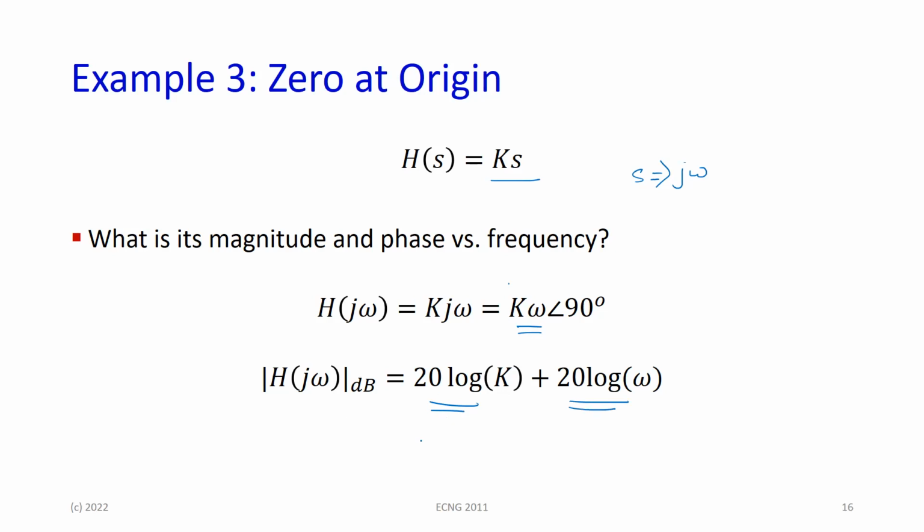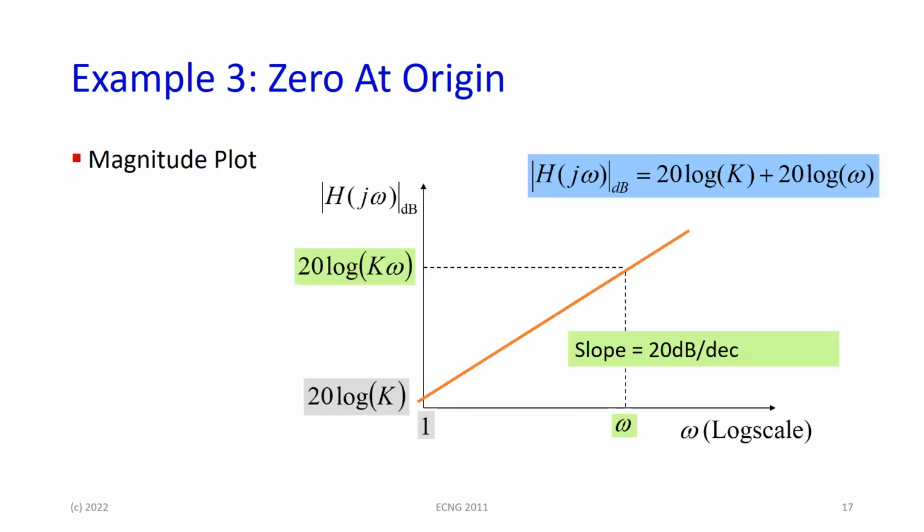Notice for the pole, we had minus here. So the slope for this one, H(s) equals K s this time, as simple as a zero. The slope is again a straight line, and it increases at 20 dB per decade by the same argument.